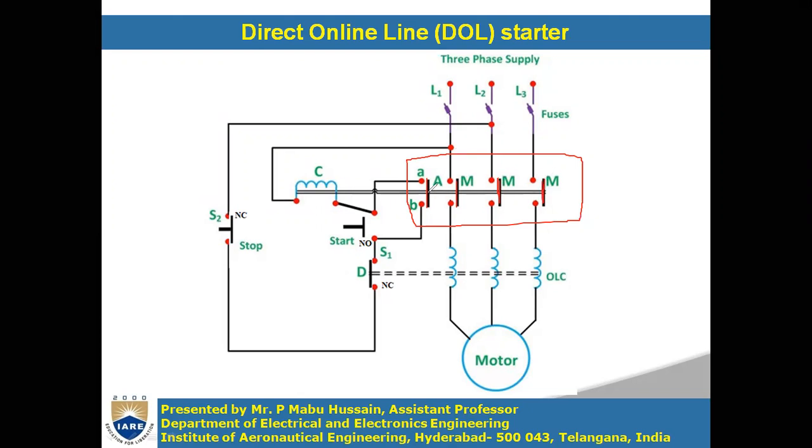For this, the exciting winding is this one. Now whenever you give the supply to this winding, all four poles will be pulled this side due to the magnetic effect of this coil, and all four poles will be closed. Through this, a three-phase supply will be given to the motor, and the motor will start working. This is the function of the DOL starter.